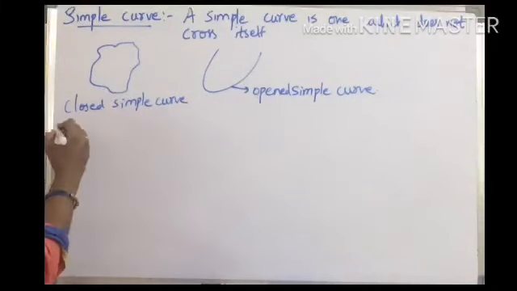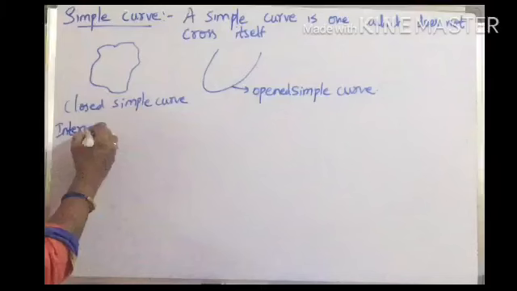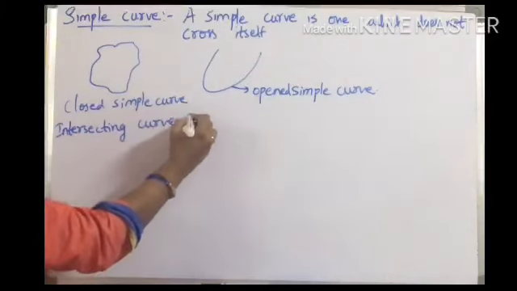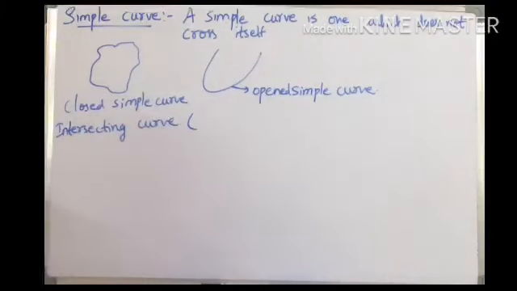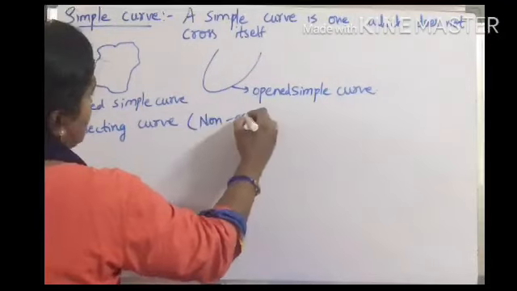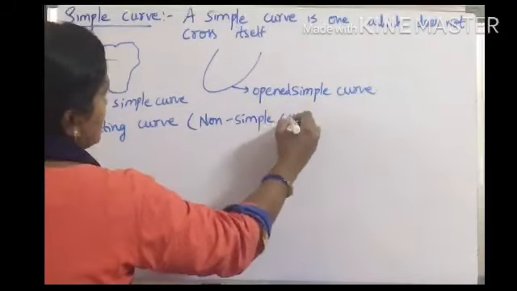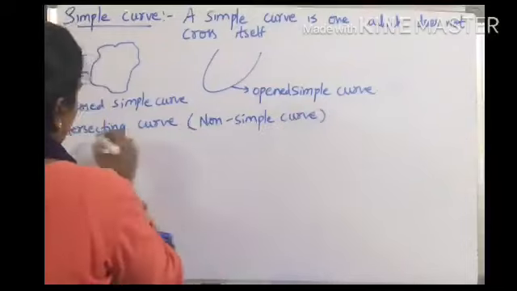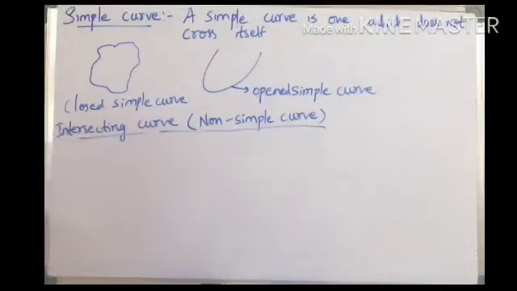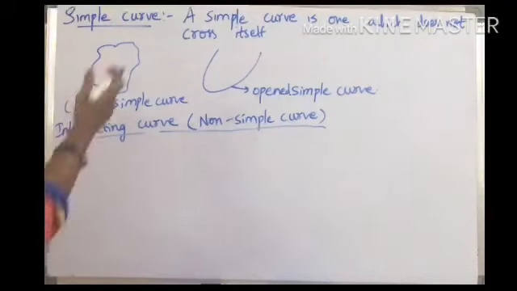Now next one, if you see, intersecting curve, or simply the other name of this is non-simple curves, the opposite of simple curves. Okay, non-simple curves. So what is the definition now? A simple curve is one which does not cross itself. And what is an intersecting curve? One which crosses itself, the opposite of this.